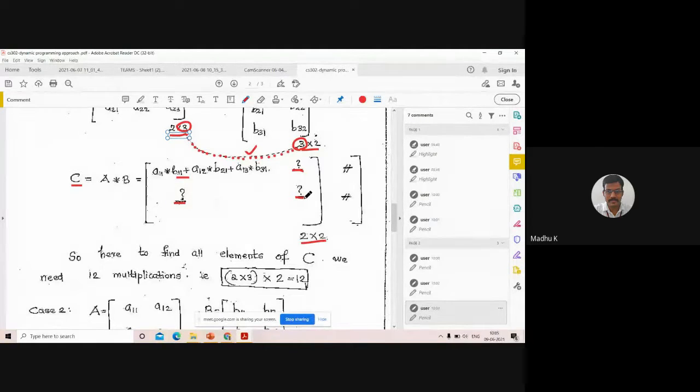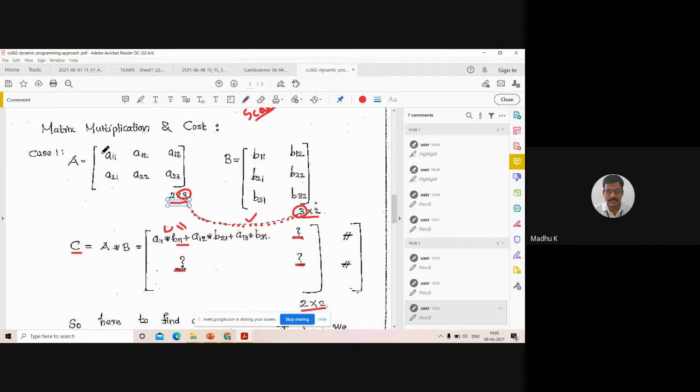So how can we get C11? C11 is obtained by multiplying the first row with the first column and adding. You can note here: first row, first column.